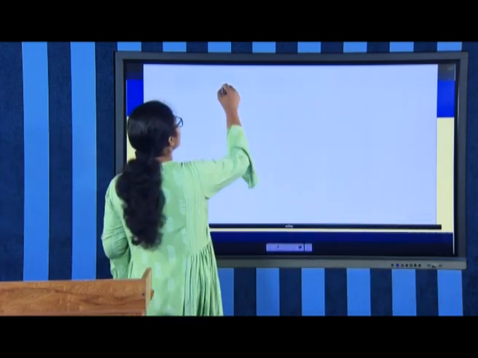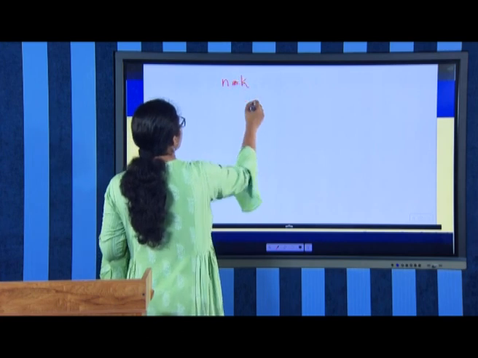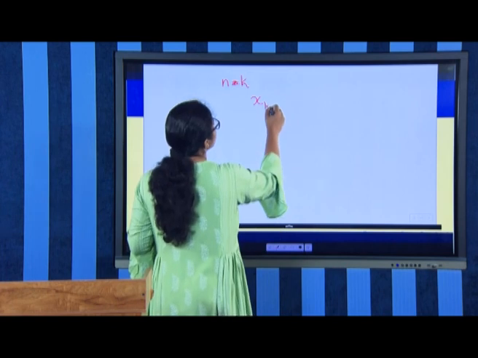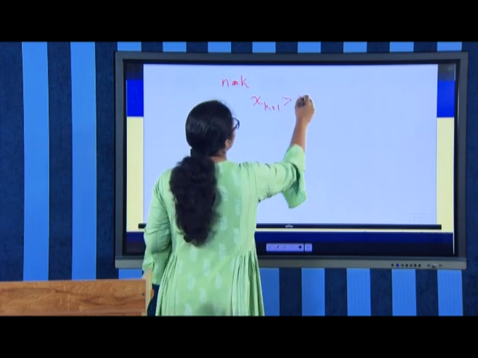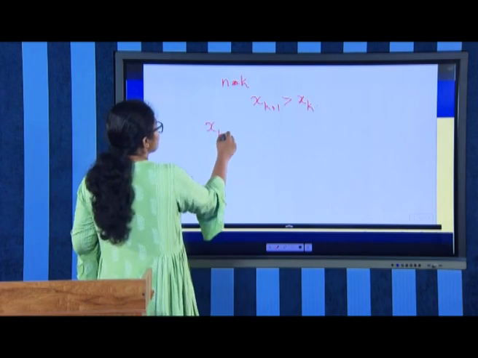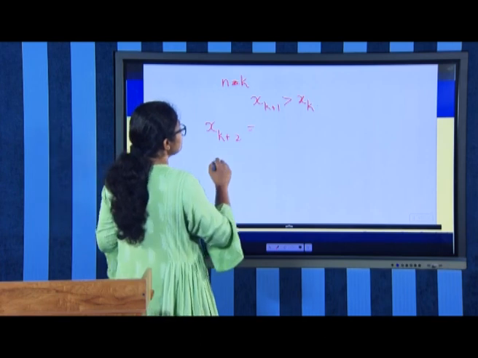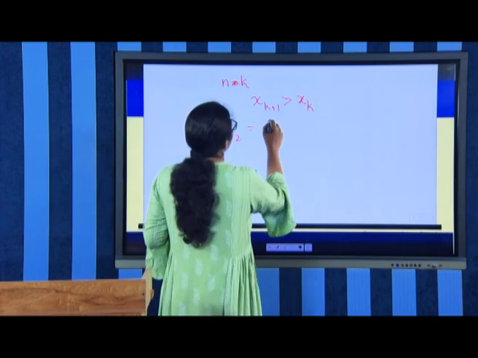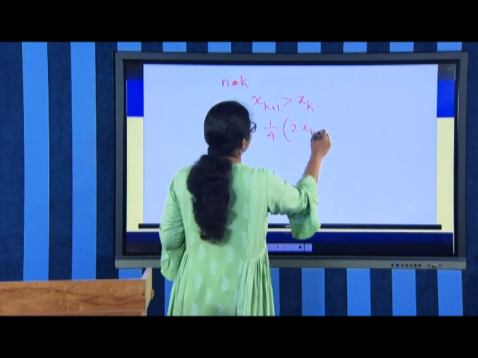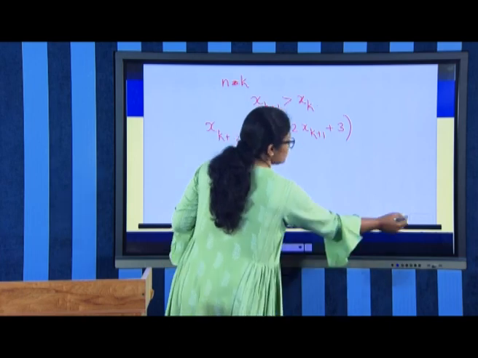Now, consider the case when n equal to k. That means we assume that xk plus 1 is greater than xk. Then consider xk plus 2, which is equal to 1 by 4 into 2xk plus 1 plus 3, that was the definition.